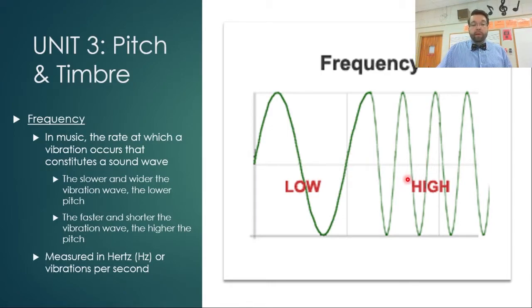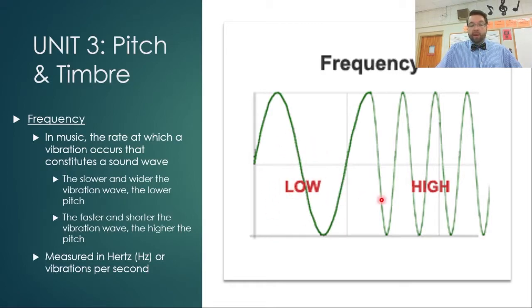The rate at which a vibration occurs that constitutes a sound wave is a frequency. The slower and wider the vibration wave, as we see here, slower and wider, see how much wider it is from this point to this point here? The lower the pitch is. So this would be a low frequency, a low pitch.